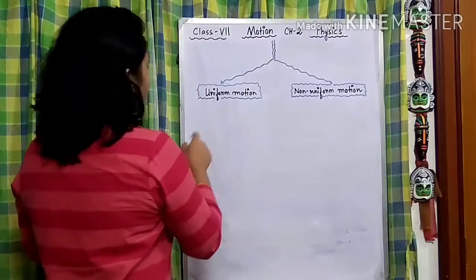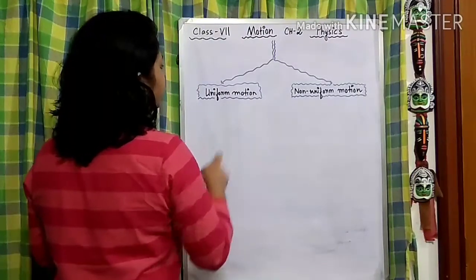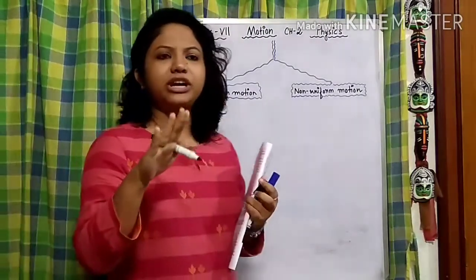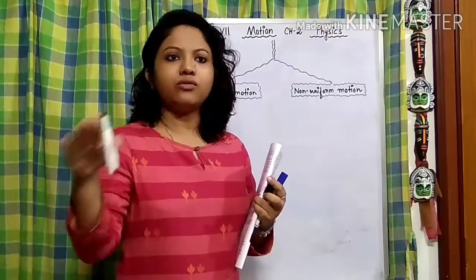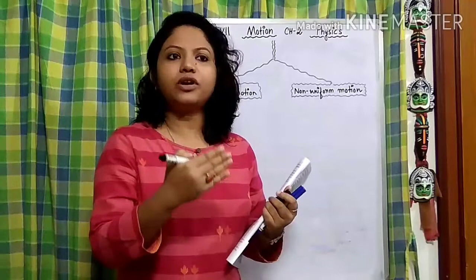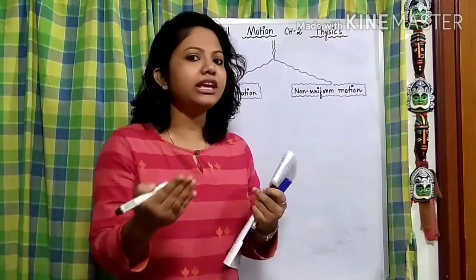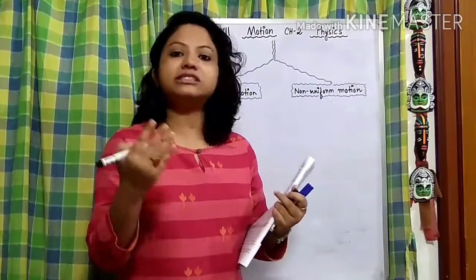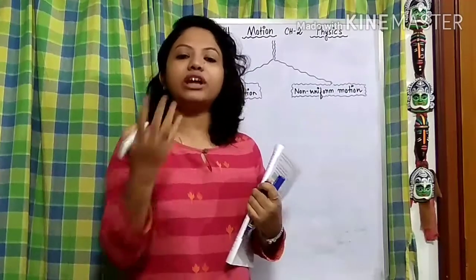Now you can understand from the term, uniform means pretty balanced, regular. Non-uniform stands for something irregular, unbalanced. So how can we explain this uniform motion?